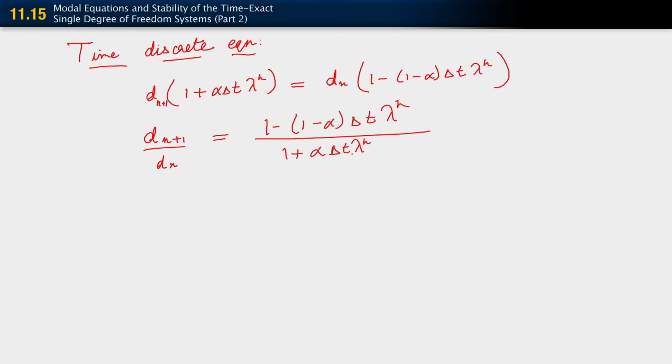In the context of our time discrete algorithmic problem, we tend to denote this ratio as A. A is picked because this is really an amplification factor.